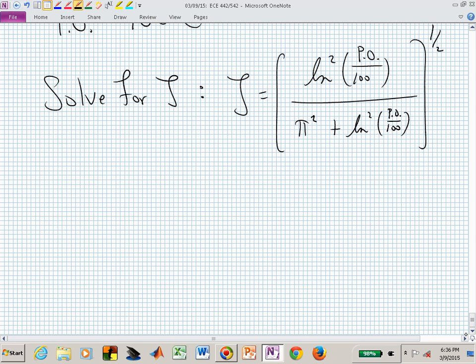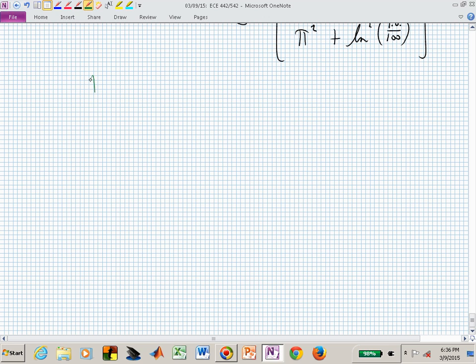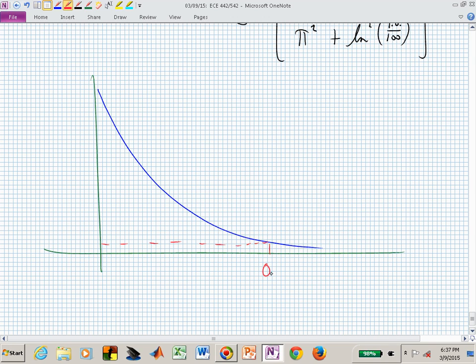This relationship between percent overshoot and zeta, you could actually sketch, and it has a nice shape to it, and you can actually identify certain values of zeta. Here's the zeta axis, and let's say this is our percent overshoot axis. For those of you that had the earlier class, a zeta value of 0.7 corresponds to what percent overshoot?